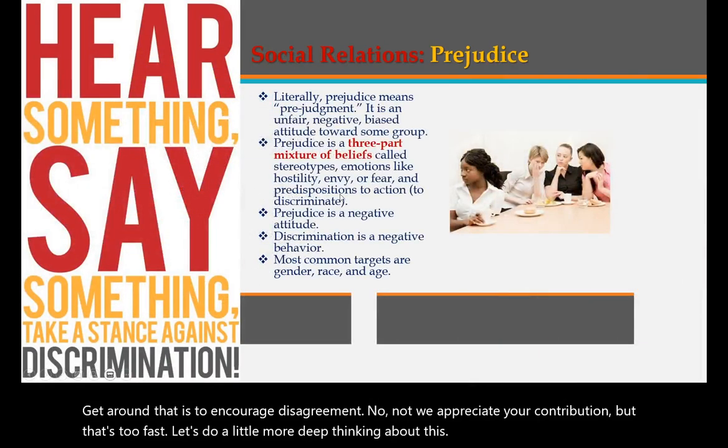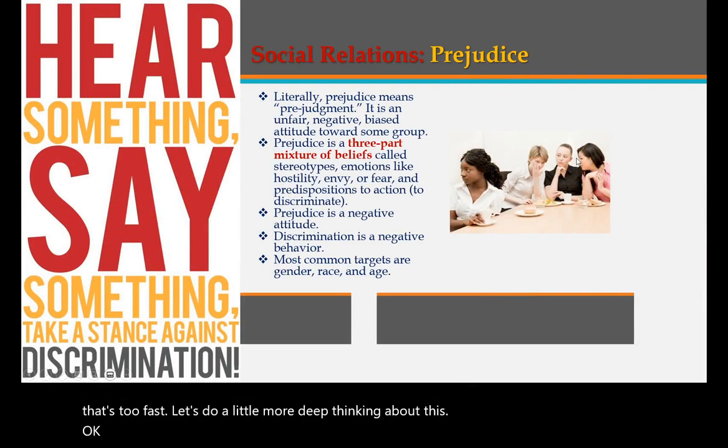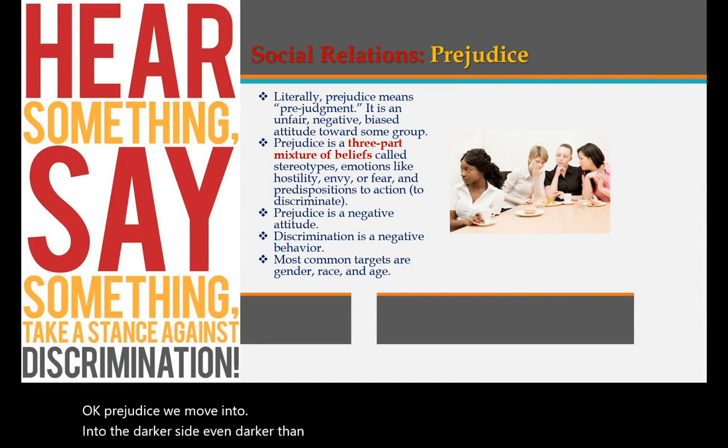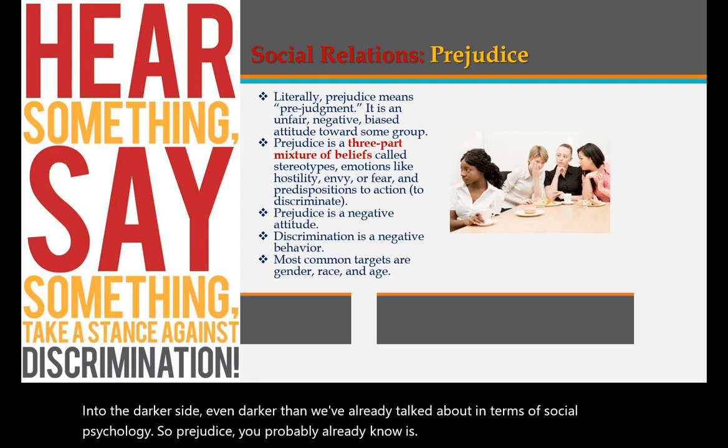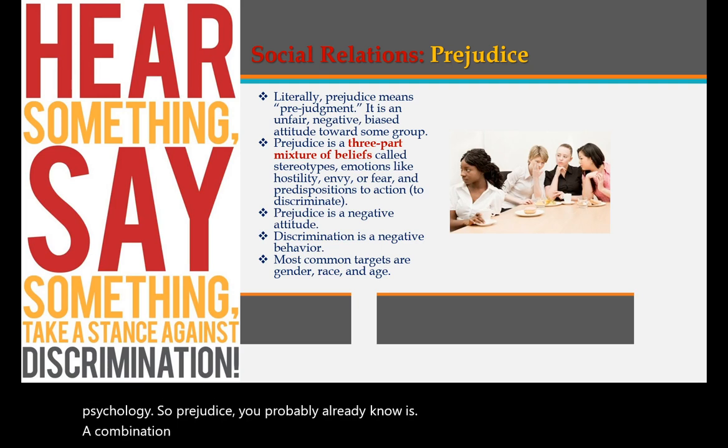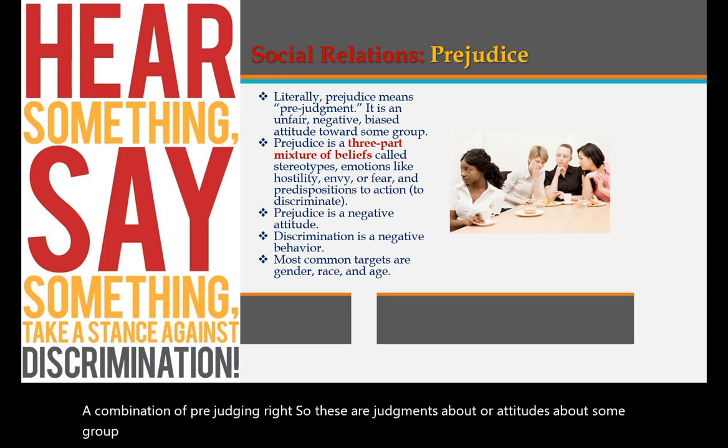Okay, prejudice. We move into the darker side, even darker than we've already talked about in terms of social psychology. So, prejudice, you probably already know, is a combination of prejudging, right? So these are judgments or attitudes about some group that are based on stereotypes.